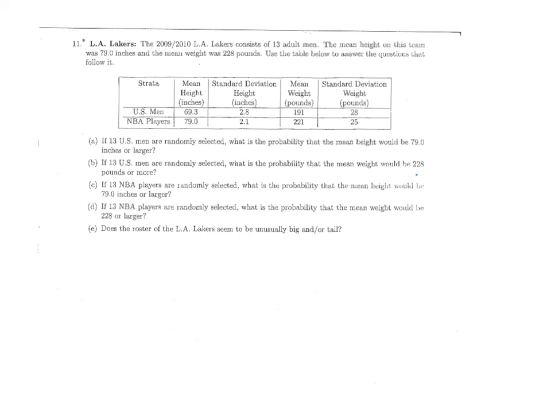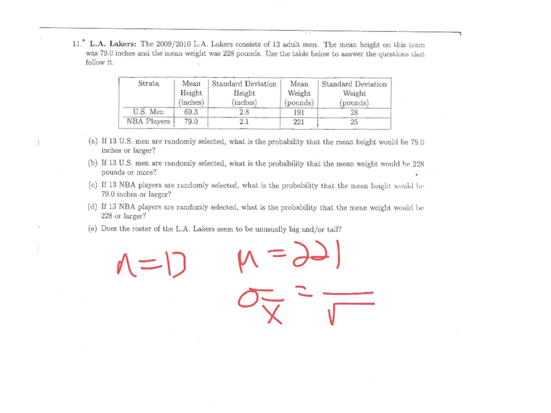So then for the mean weight, again, n is 13. The mean weight for NBA players is 221. The standard deviation for selecting samples of 13 men would be, let's see, what is the standard deviation? 25.